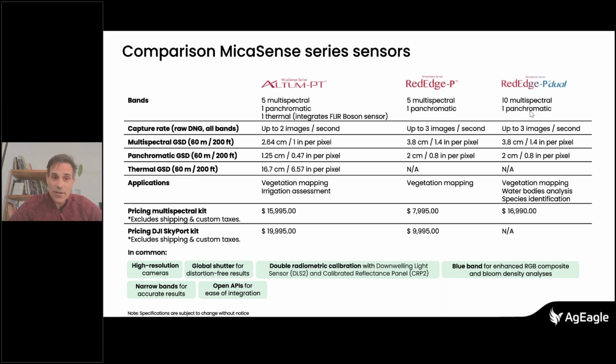But because it works synchronously with the multispectral images, and the tie points are projected to the thermal images, we can make a map as well.